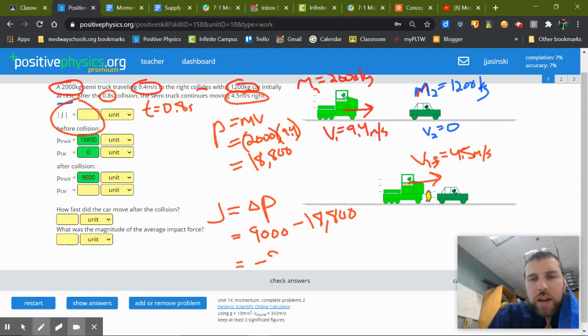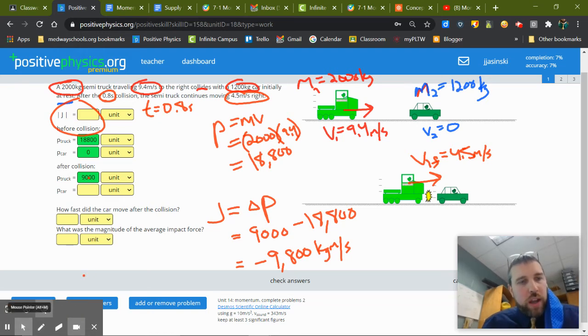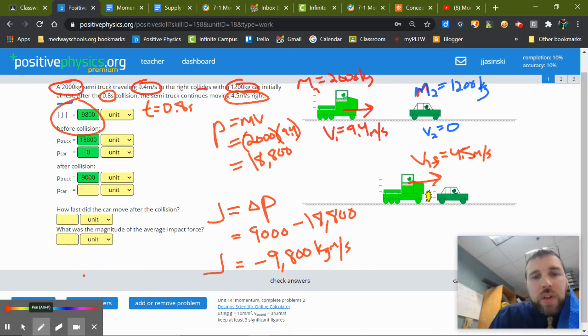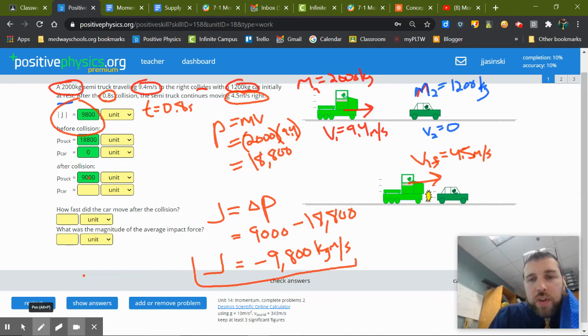That gives me a negative 9,800 kilogram meters per second. So that's my impulse, also my change in momentum. For the truck, that's going to be negative because there's a force pushing backwards on it. But for the car, that change in momentum is going to be positive.